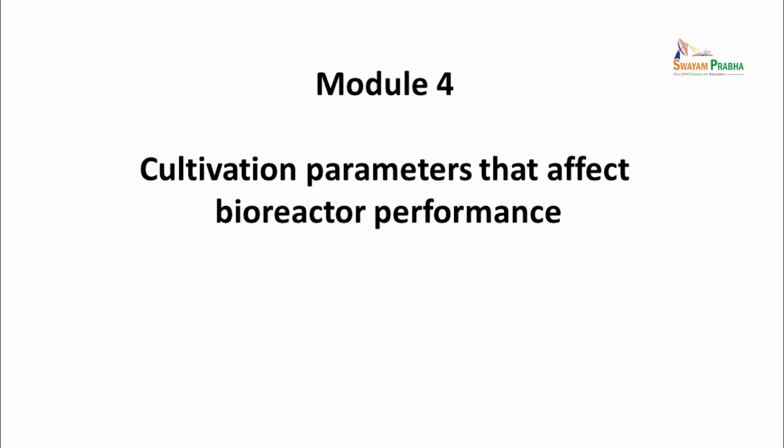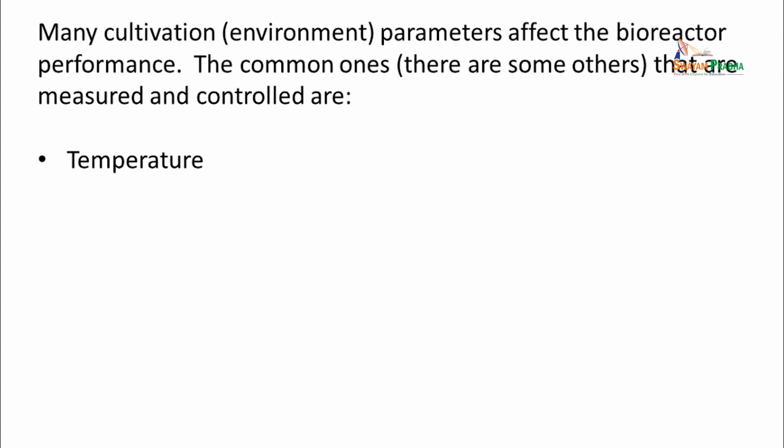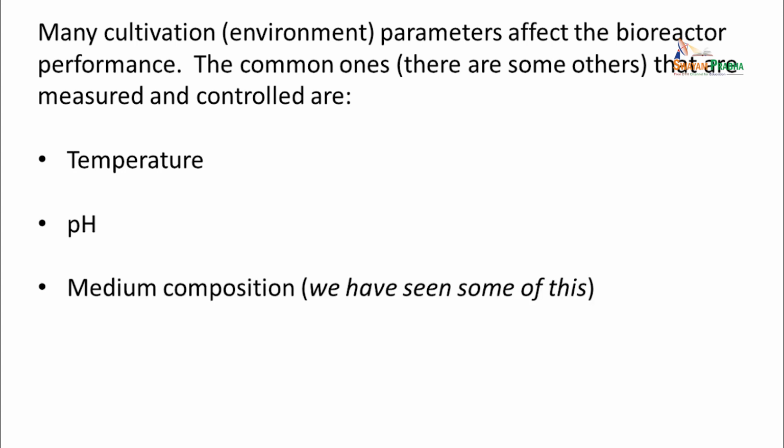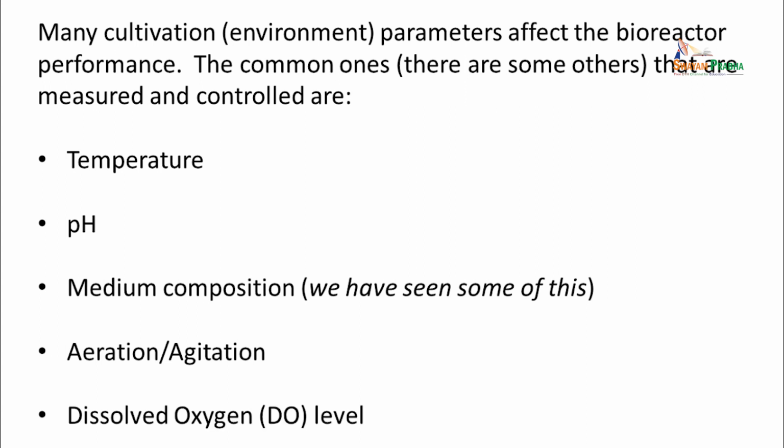What we saw in the previous lecture was that there are many cultivation variables that impact the performance of bioreactors. The few common ones that are measured and controlled are temperature, pH, medium composition, aeration and agitation, as well as the dissolved oxygen level.